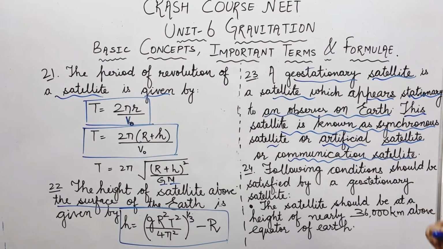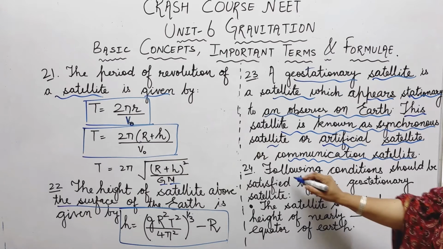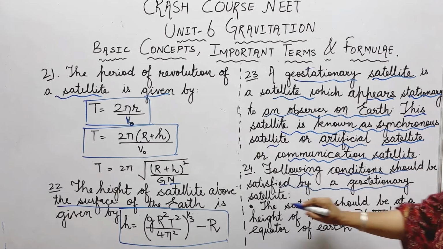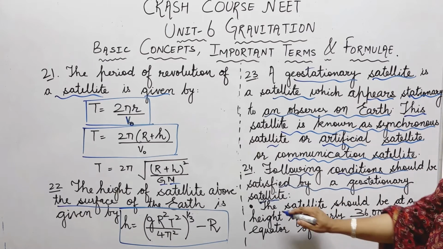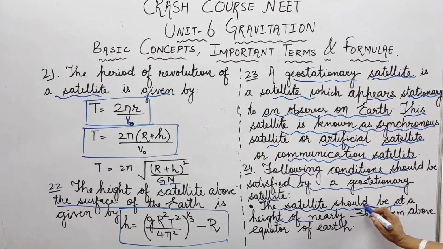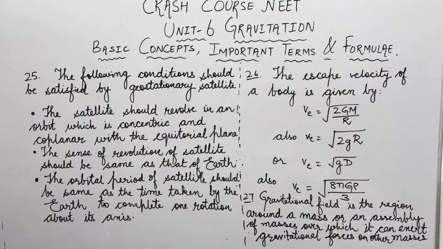That is why it is called a communication satellite too. Now, there are the following conditions that must be satisfied by a geostationary satellite, and in that the satellite should be at the height of nearly 36,000 kilometers from the equator of the earth.